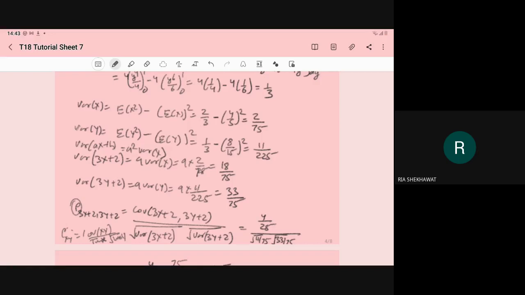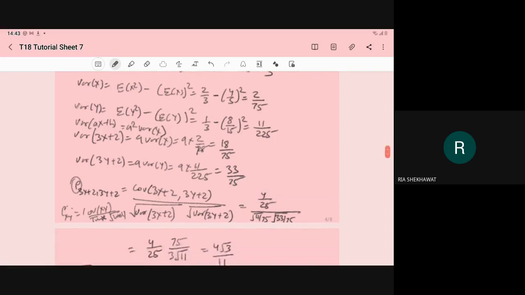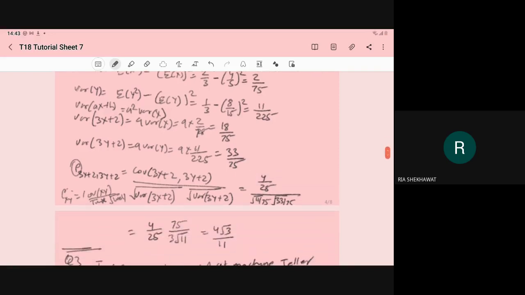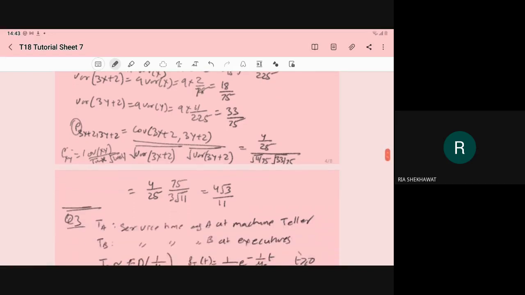Already we have all the values. So 4 upon 25 over the root of 18 upon 75 into the root of 33 upon 75. It will give you in total 4 into the root of 3 upon 11. So that is the correlation coefficient between the two variables.